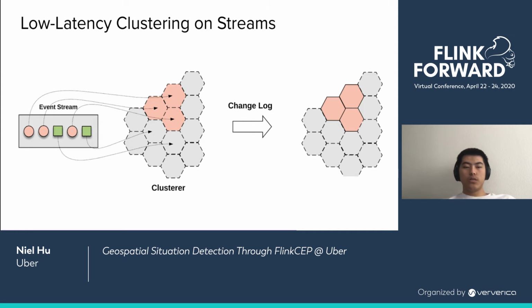How do we do it? Basically, for each event that comes in, our cluster operator sees if that event creates a new core hexagon or destroys a core hexagon. Basically, does it make any delta to our clusters? If it does, instead of passing the whole clusters as a result, we only pass the deltas as a changelog to the downstream consumers, services, and operators.